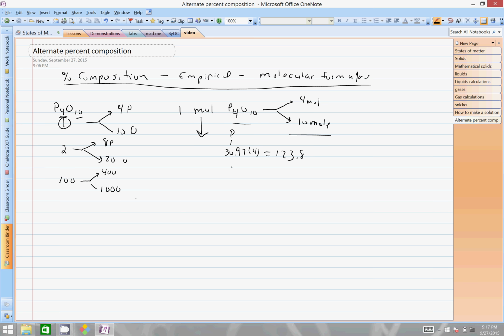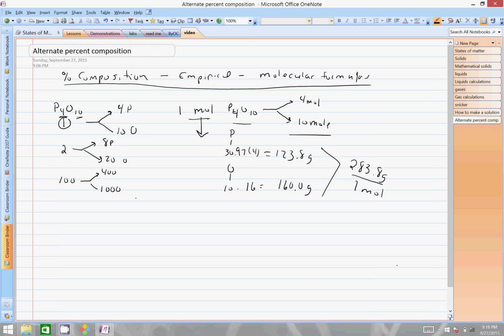And oxygen wise, there's 10 of them, each weighing, let's just say 16, for 160.0 grams here and grams here, for a grand total of 283.8. And this would be grams per 1 mole, and that's really how much the 1 mole weighed.